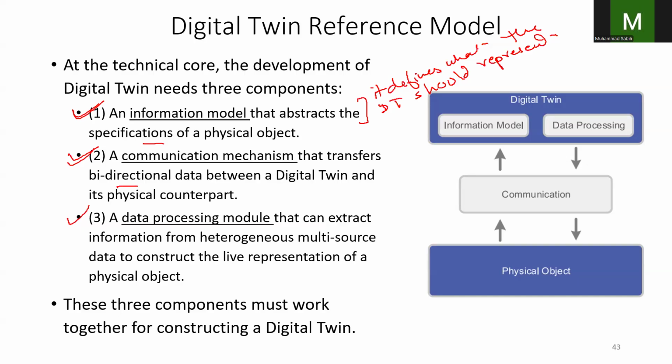And then we have the data processing module. This component collects, analyzes, and interprets the live data. It handles large heterogeneous sources, sensors, logs, and cloud streams, and helps make the digital twin dynamic and intelligent. This is the data processing module that we mostly discuss.